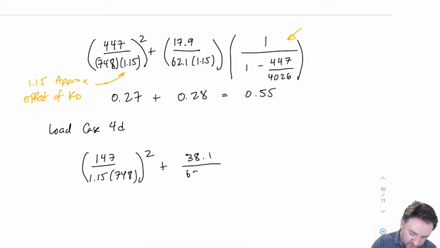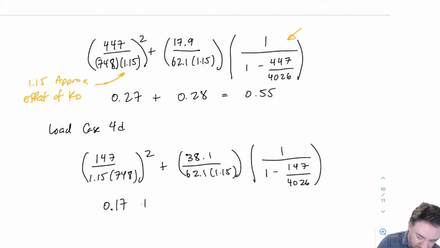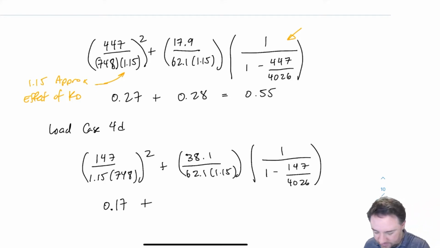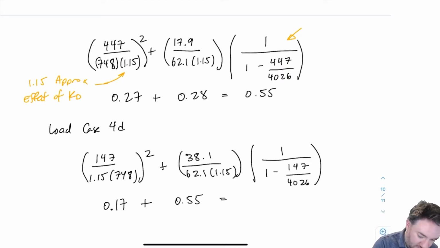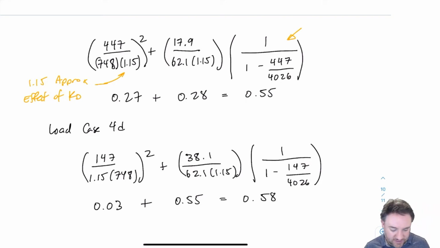So we're closer to the moment capacity, and a lower percent of the axial load capacity than before. Oh, I made a bit of a mistake the first time. It was 0.17 without the squared. With the squared, it's 0.03. So only 3% actually. And I get 0.58 total. Okay, so both of these are fine.